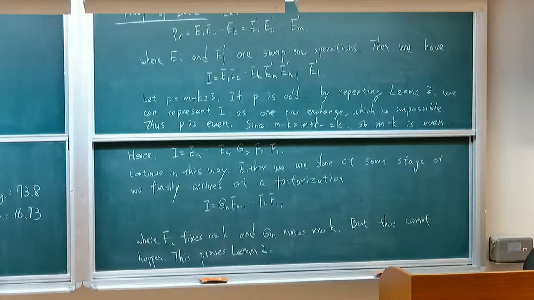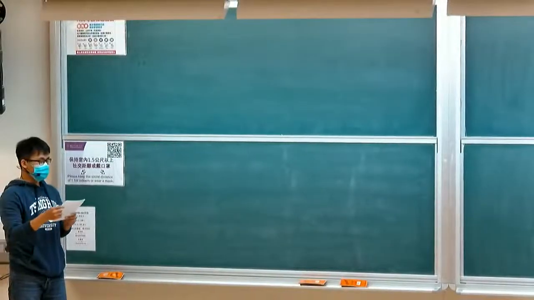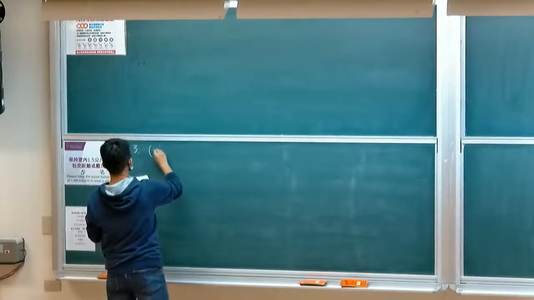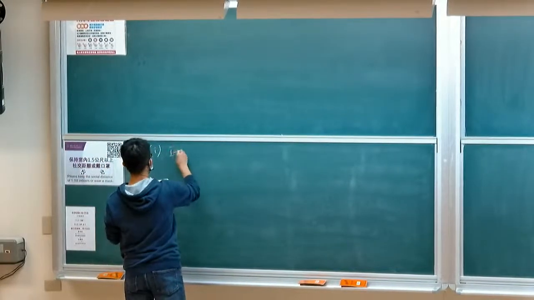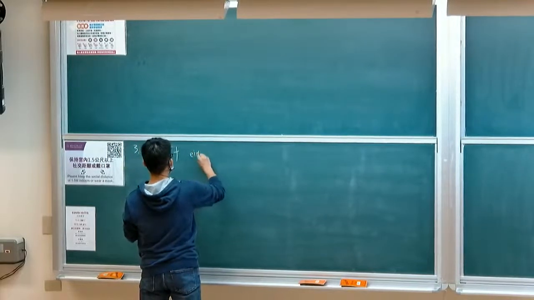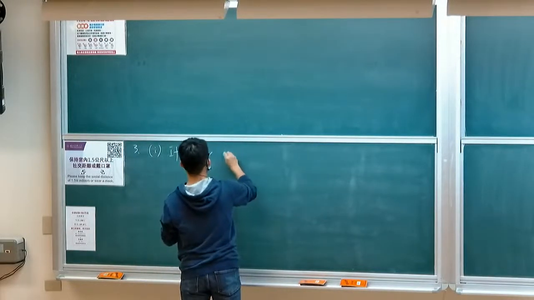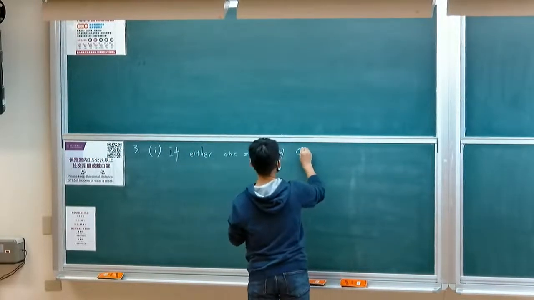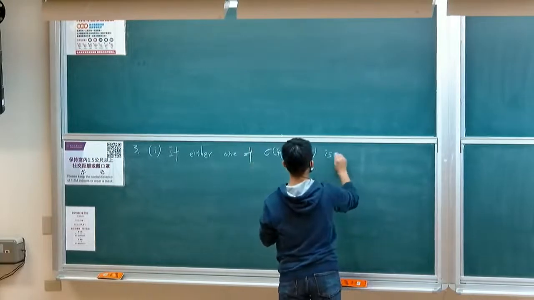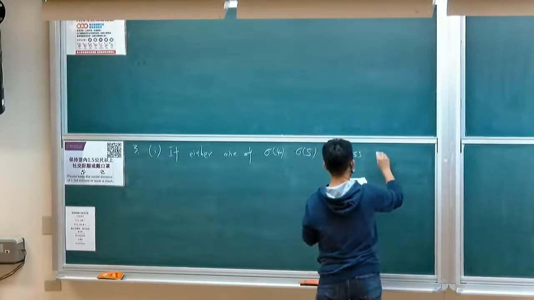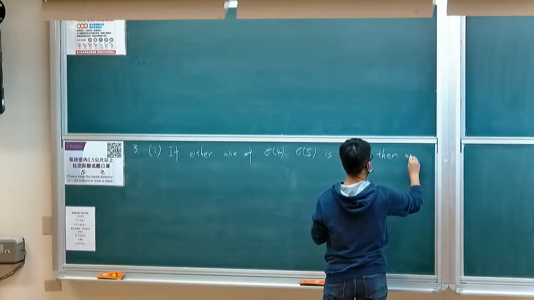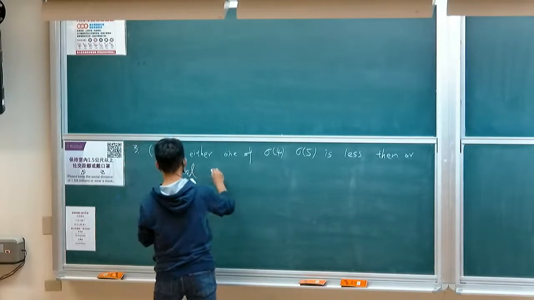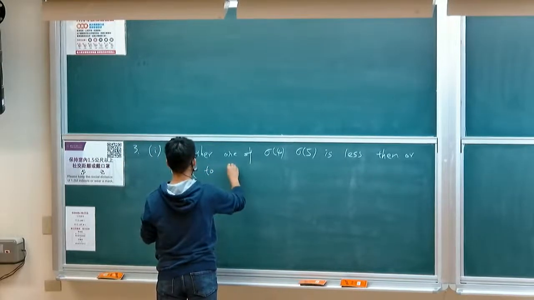Okay, now let's go to exercise 3. First, we analyze this problem into 2 cases. The first case is if either one of sigma 4 or sigma 5 is less than or equal to 3.